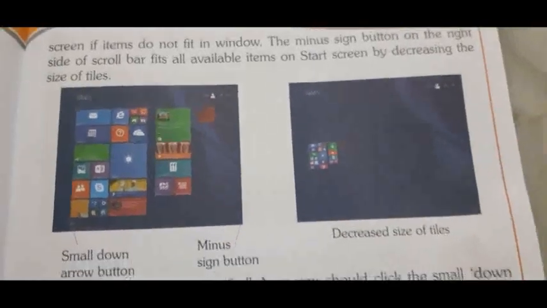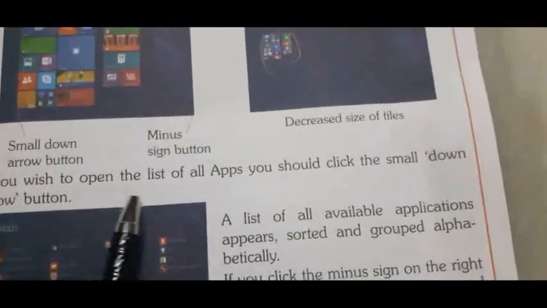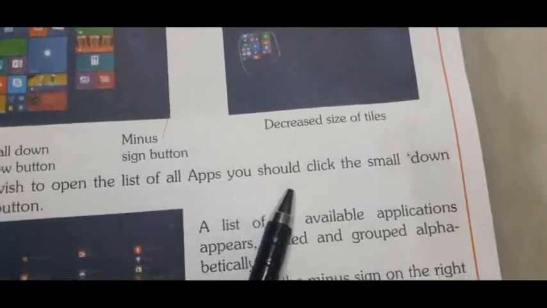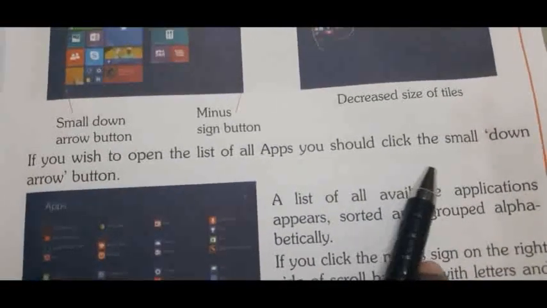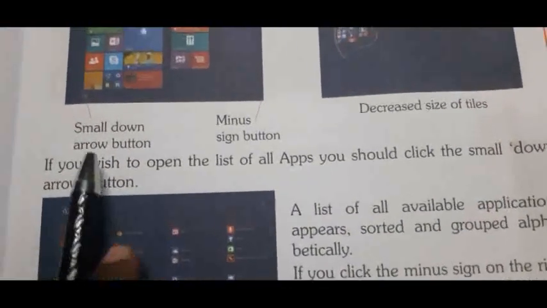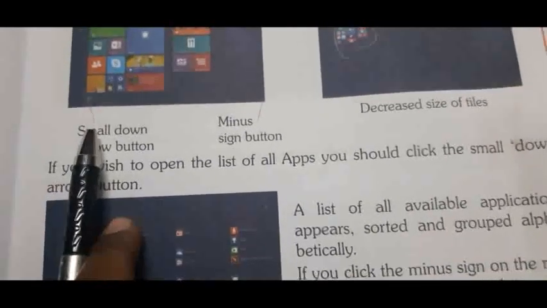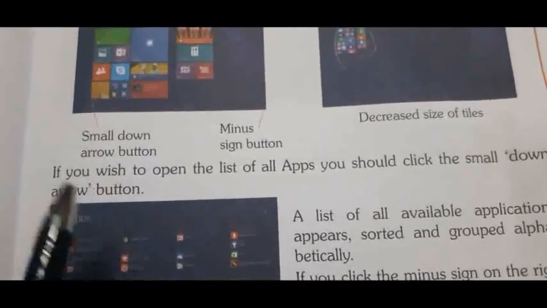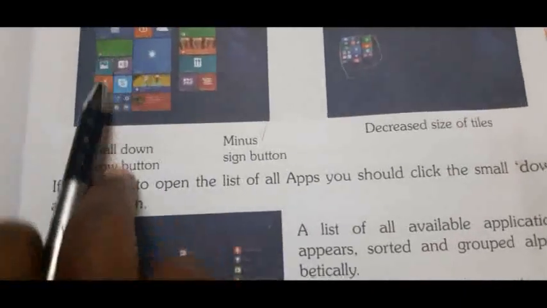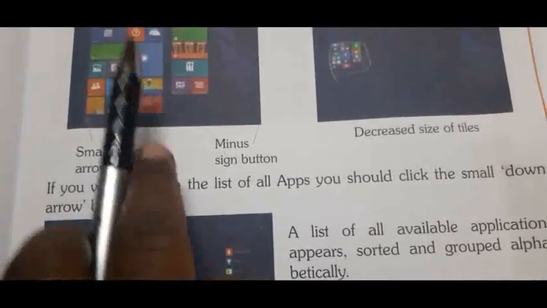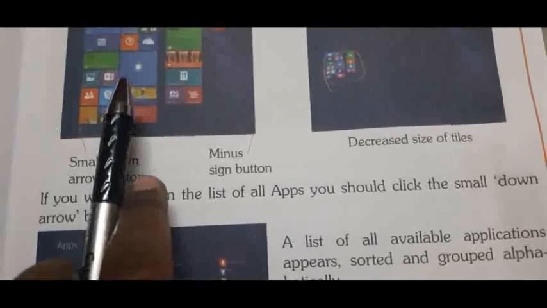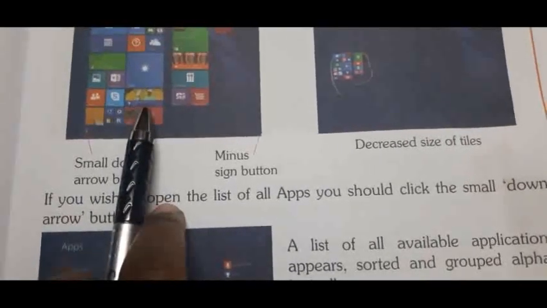Okay, children. Next, see, if you wish to open the list of all apps, you should click the small down arrow button. I said, no, here the small down arrow button. Apps here are nothing but tiles.